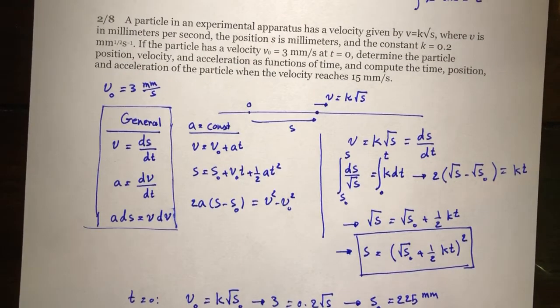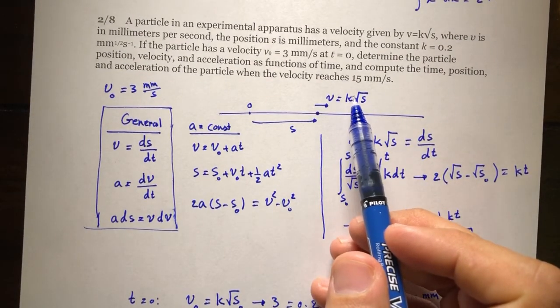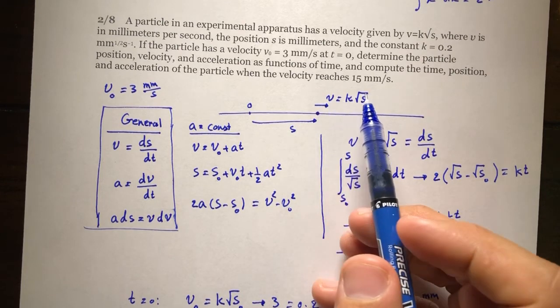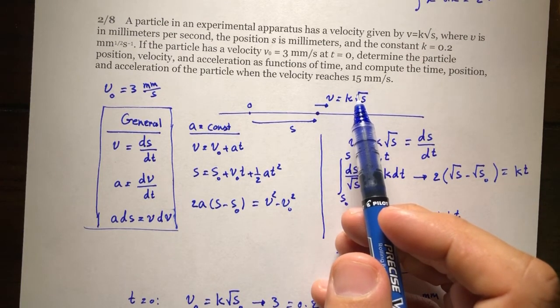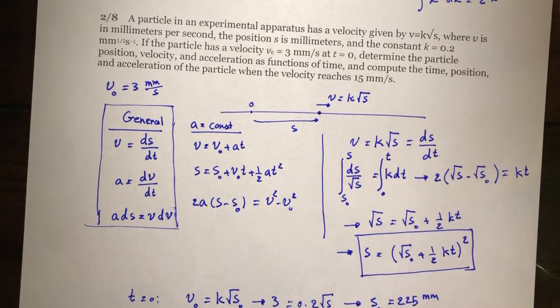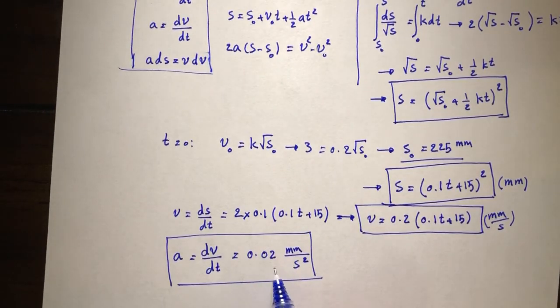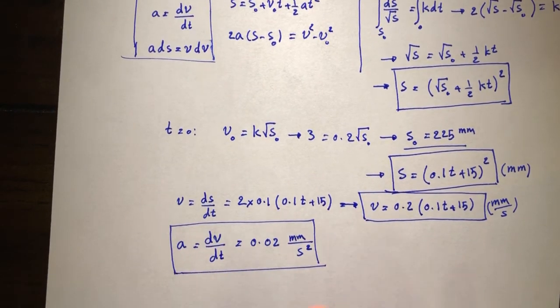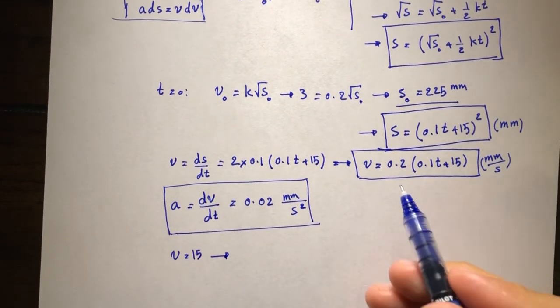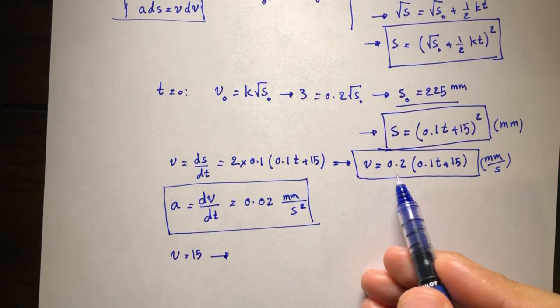We found the position, velocity, and acceleration of this particle as a function of time. The last part of the question is saying that when the velocity is equal to 15, find the time and also find the position of this particle and also its acceleration. Acceleration is going to be constant here. We didn't know the acceleration was constant from the beginning, but after deriving all the equations, we figured out the acceleration is constant. So for the last part, when velocity is equal to 15, I can put it in this equation to find time.